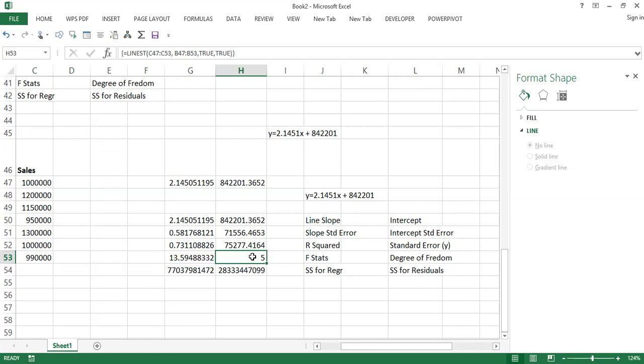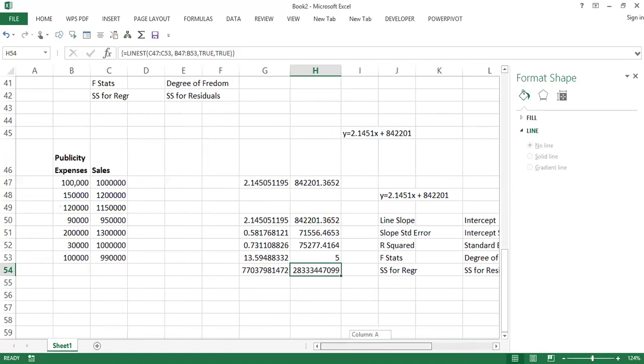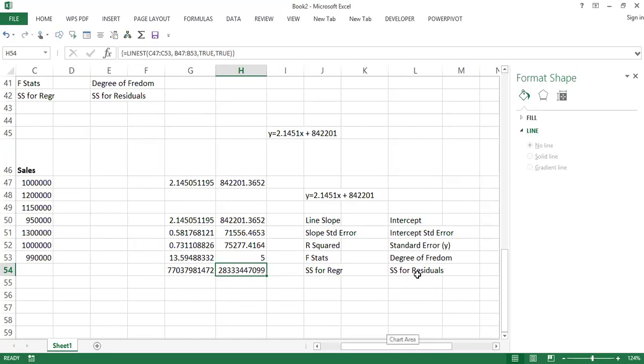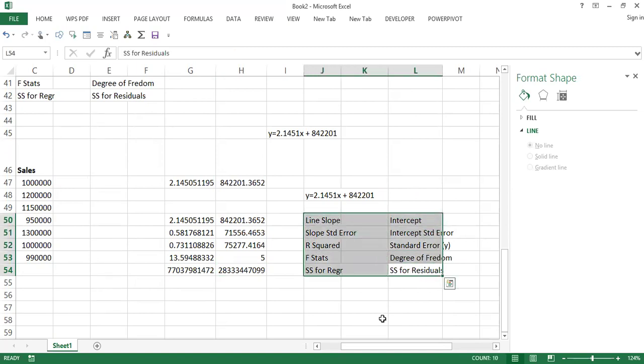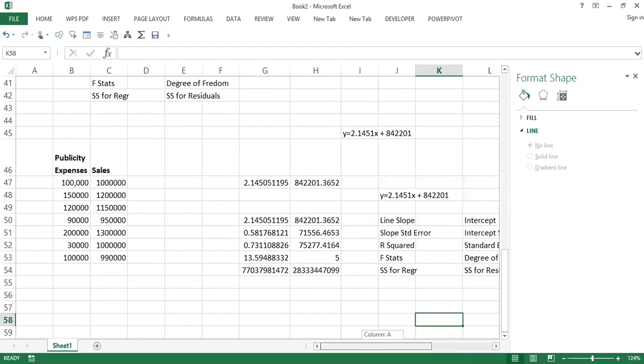This is the sum of squares for regression, sum of squares for residuals. So that is how that works. Like I said, we'll talk more about some of these things by the time we do hypothesis testing.